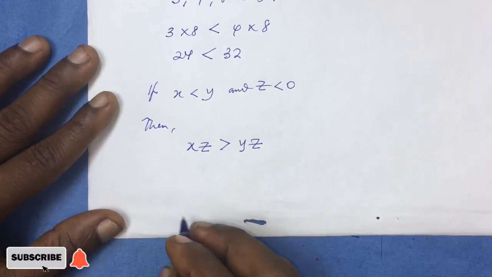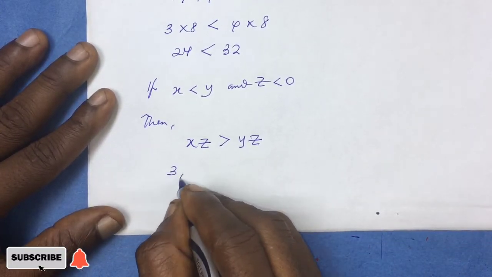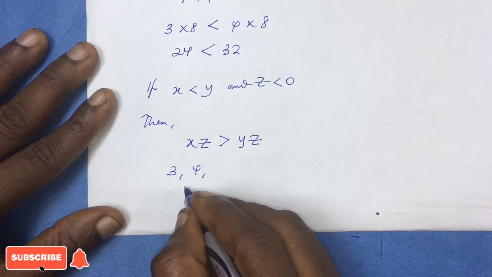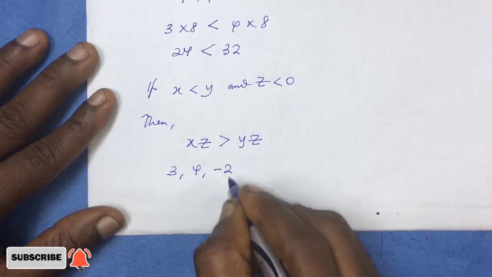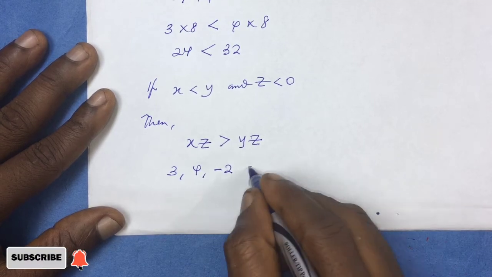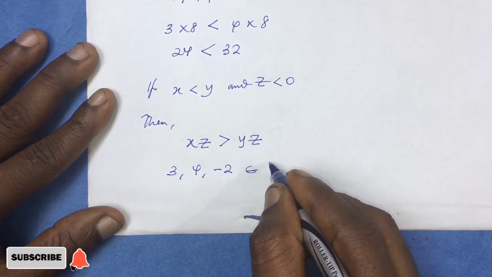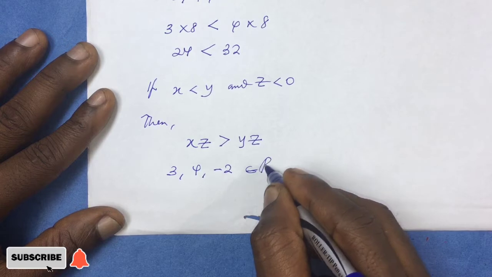Now let us look at it again. Let's maintain 3 and 4 as our x and y, but let us choose a z that is negative, say -2, all from the real number system.